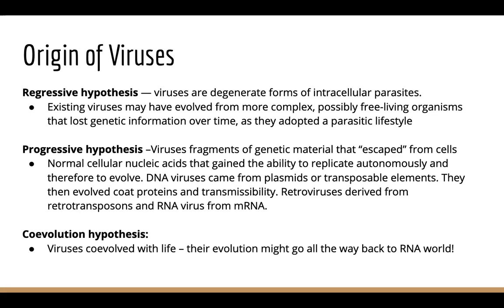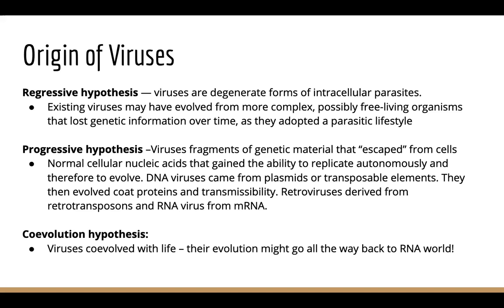There's also the progressive hypothesis that states virus fragments of genetic material like RNA escape from cells. These are normal pieces of DNA or RNA that somehow gain the ability to make copies of themselves autonomously and after many years to evolve.